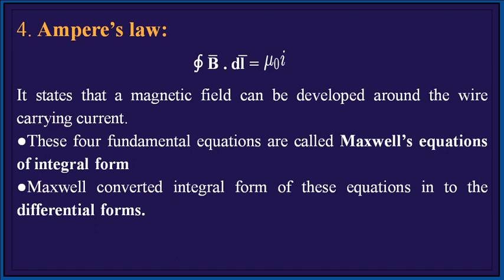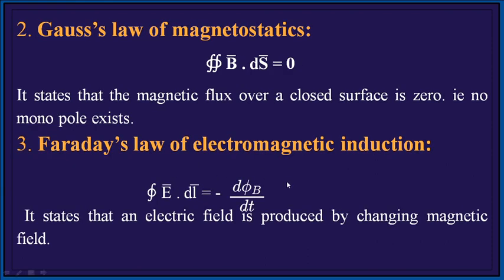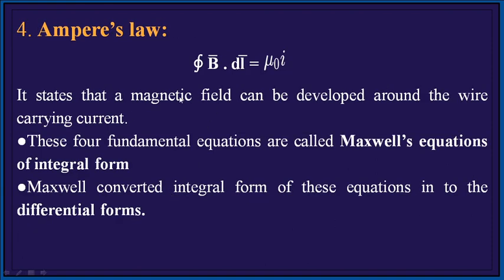And finally, the fourth Maxwell equation is taken from Ampere's law. We already mentioned this is Ampere's law. Whenever current is flowing through a wire, a magnetic field is developed around the wire. It means electricity to magnetism. So the earlier one is from magnetism to electricity, and this is electricity to magnetism.